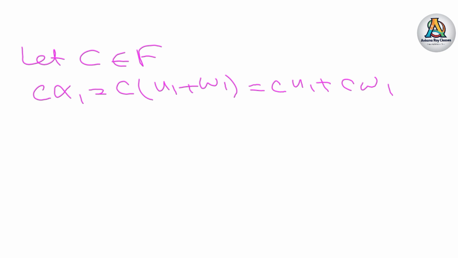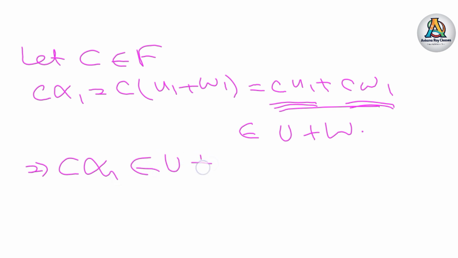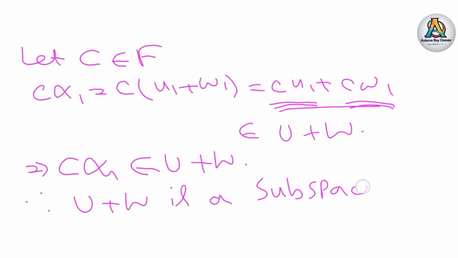Then in a similar manner, since U is a subspace of V, c u1 belongs to capital U, and W is a subspace of V, so c w1 belongs to capital W. So this sum belongs to U plus W. Therefore, c alpha 1 belongs to U plus W, for all c belonging to F and alpha 1 belonging to U plus W. Therefore, we can say that U plus W is a subspace of V.